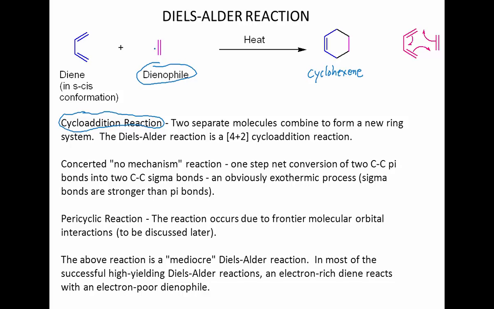If we look at the mechanism, it's just this bond reorganization shown here, this set of 3 arrows. It occurs in one step without any intermediates. This is often referred to as a no mechanism reaction. That's what the early discoverers of this reaction called it.